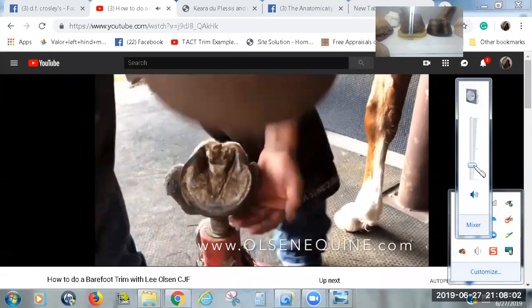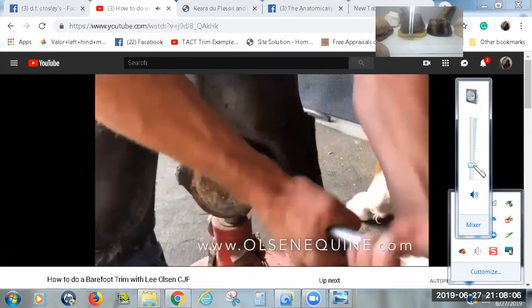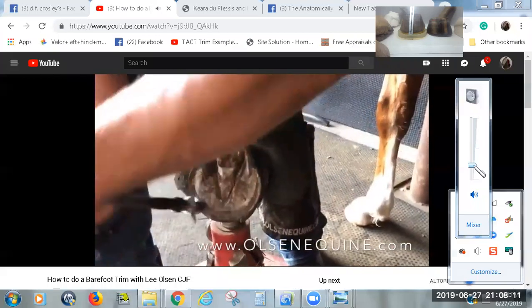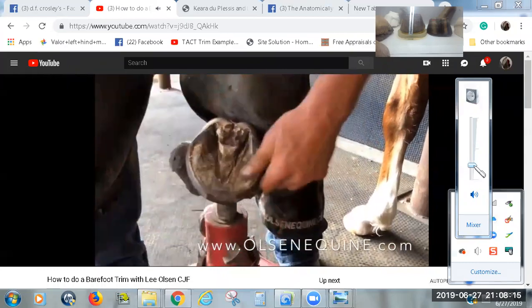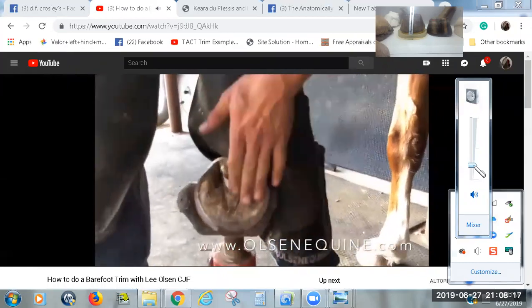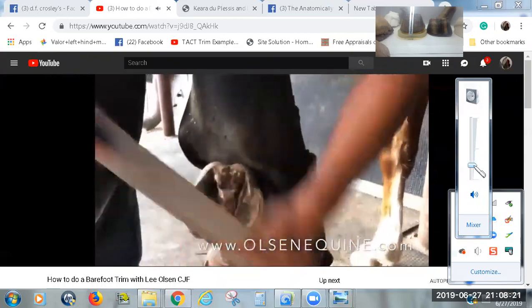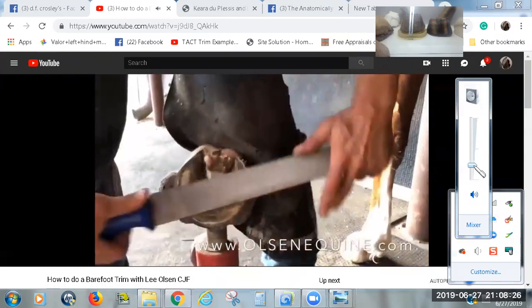So there's not a lot to take off, but I'm still gonna run a 45 around it. I found that leaving vertical depth is the secret to keeping them sound, so I don't want to come in here at all. I just want to keep this foot gathered as much as possible and the heels trimmed back.